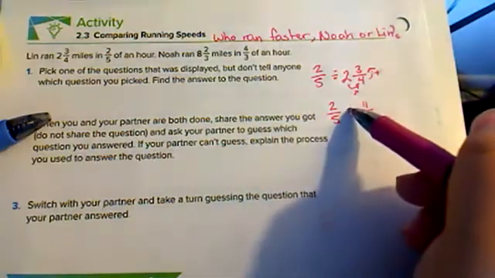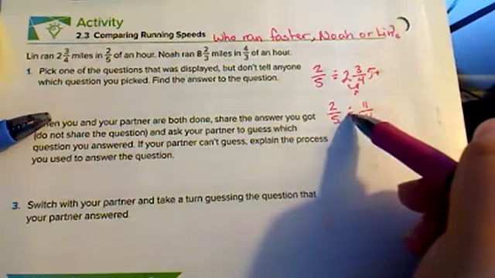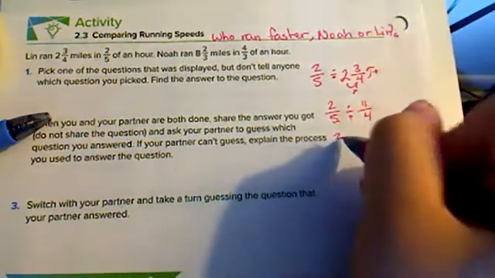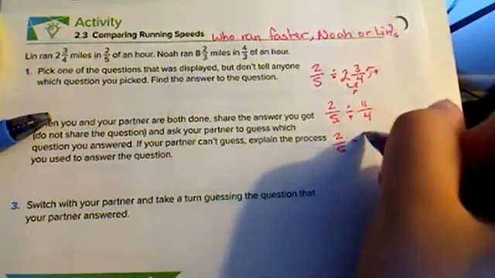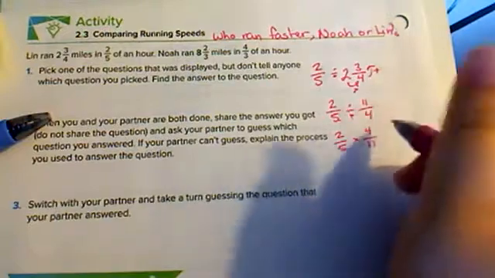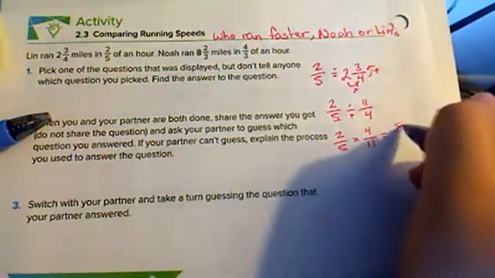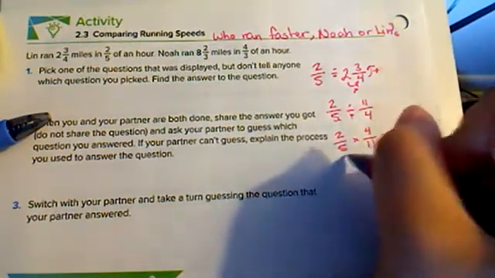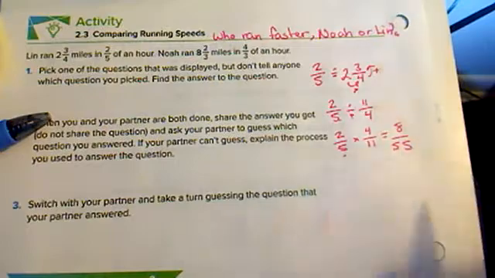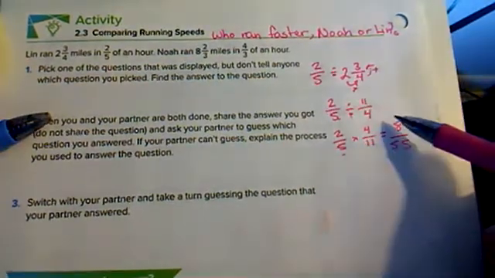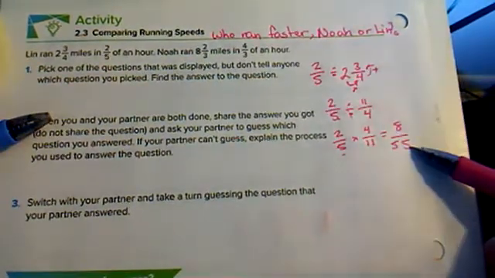But remember, we can't divide fractions. We have to multiply by the reciprocal. So it's going to be 2/5 times 4 over 11. 2 times 4 is 8. 5 times 11 is 55. So for Lynn, it's going to take Lynn 8/55 of an hour to run 1 mile.